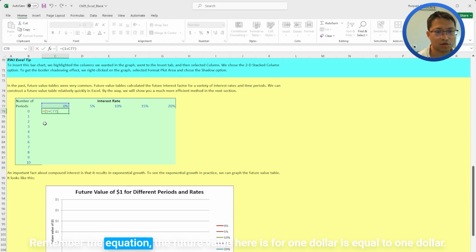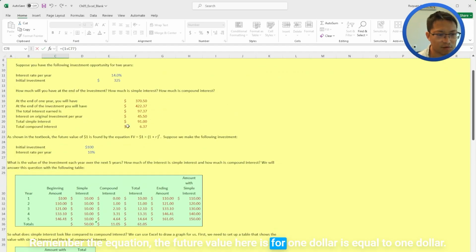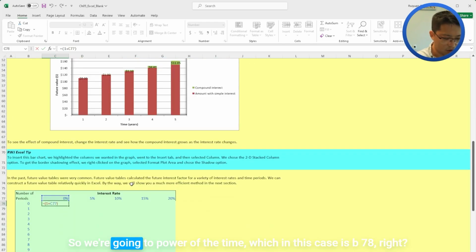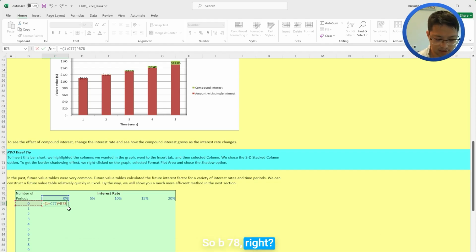Remember the equation: the future value for $1 is equal to $1 multiplied by (1 plus R) to the power of t, right? Ignore this $1 because it's just 1. So we're going to raise it to the power of the time, which in this case is B78.